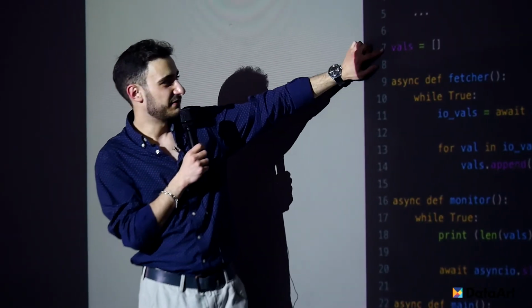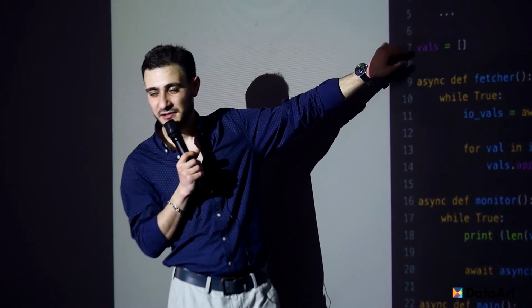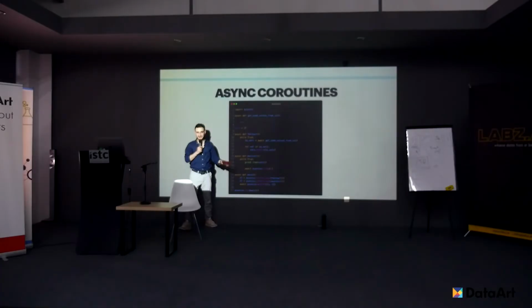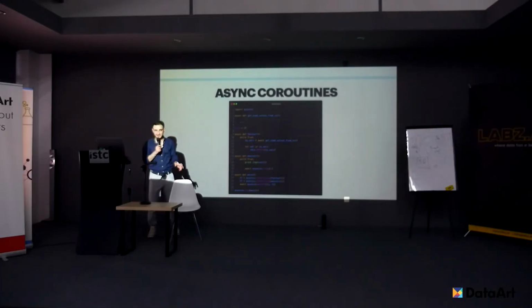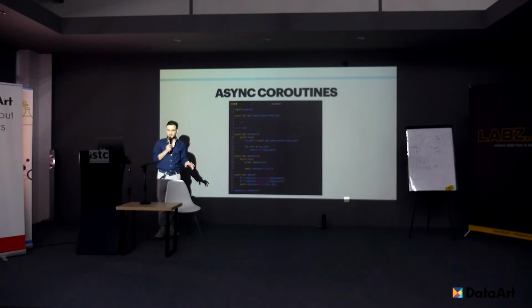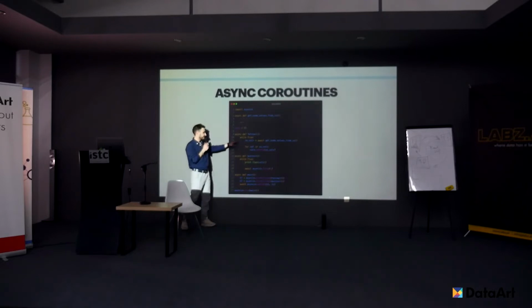Most importantly, we have this vals list here, which is shared between those two async coroutines. So if you recall, our problem was that it was difficult to share the memory. Now let's see how this model helps us to fix that problem. What fetcher does is basically an endless loop.